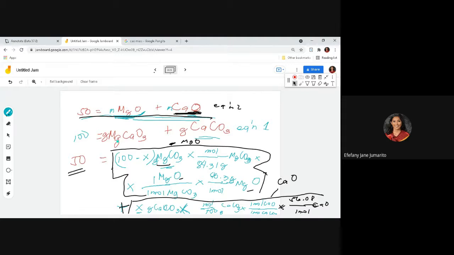For MgO, it comes from magnesium carbonate. So we have 100 minus X, that's the mass of your MgCO3, times the molecular weight of your magnesium carbonate, and then the atomic weight of your MgO.